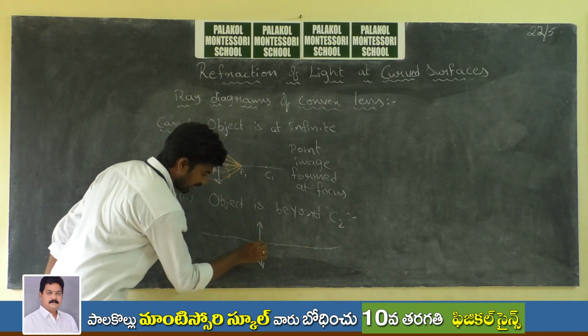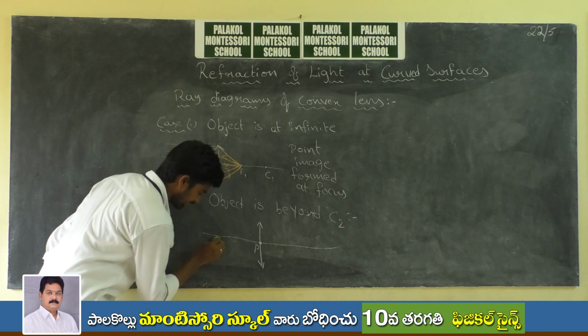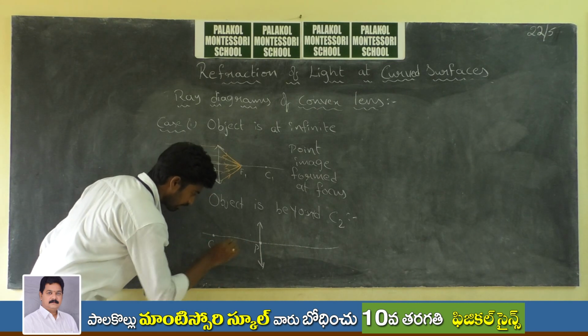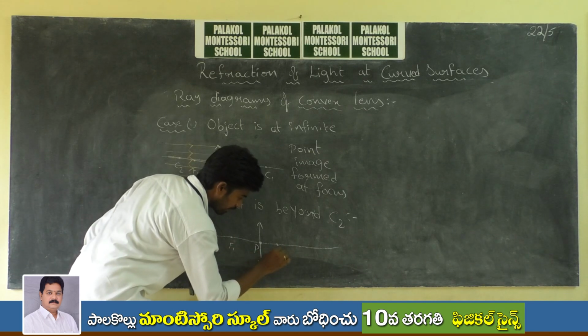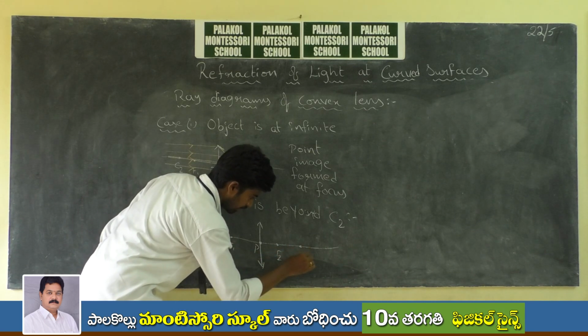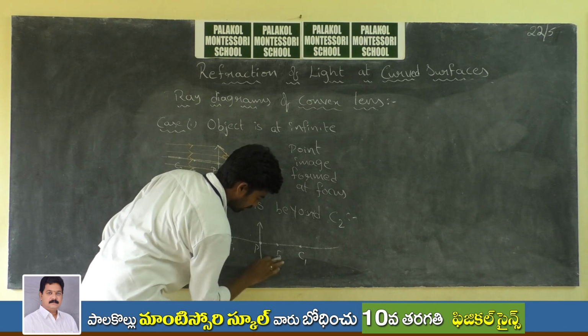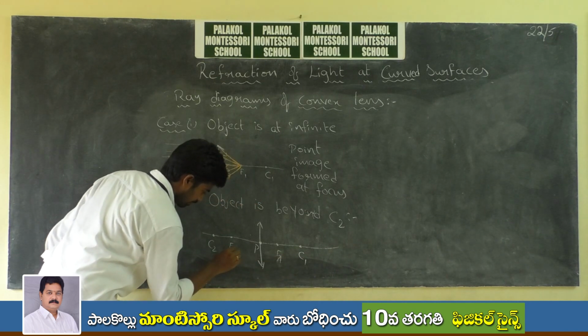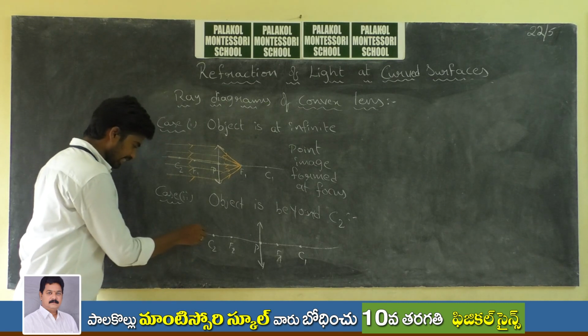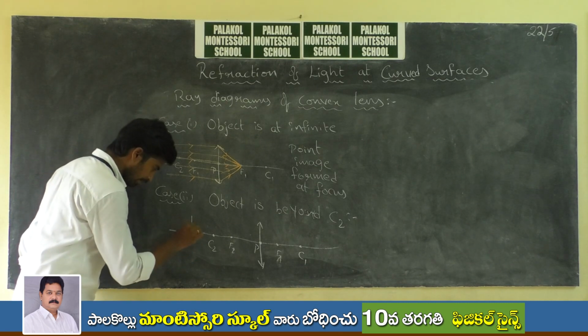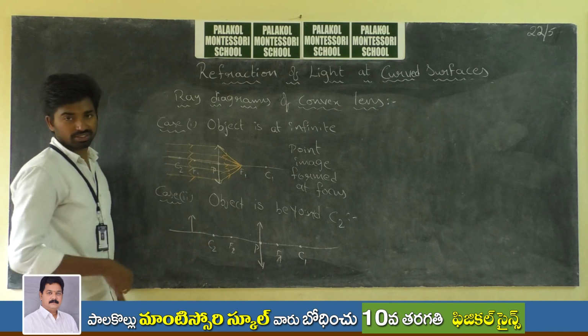The line joining the pole and the center of curvature is called the principal axis. Now, in the second case, I have placed the object beyond the center of curvature C2.